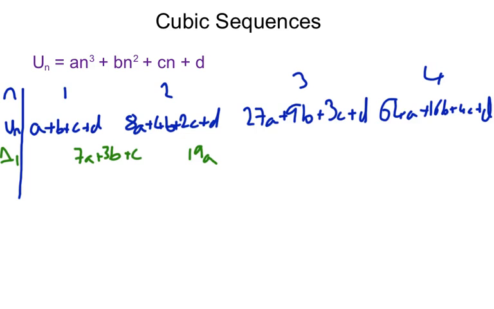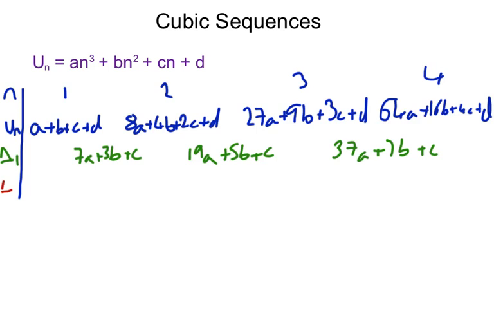From 4b to 9b, we've got plus 5b's. And from 2c to 3c, we've got a plus c. From 27a to 64a, we've got 37a's. And then from 9b to 16b, we've got 7b's. And then 3c to 4c, we've got a c.